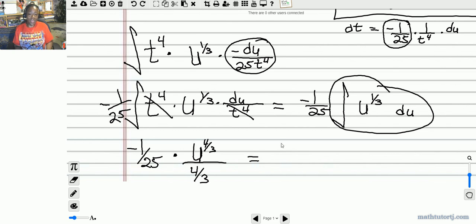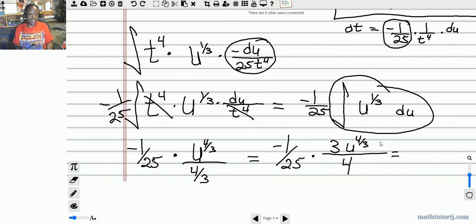Let's simplify that. We have negative 1 over 25 times 3 u to the 4/3 over 4.